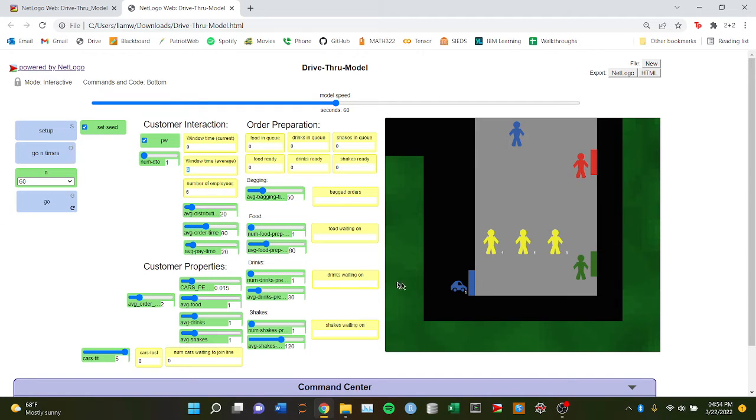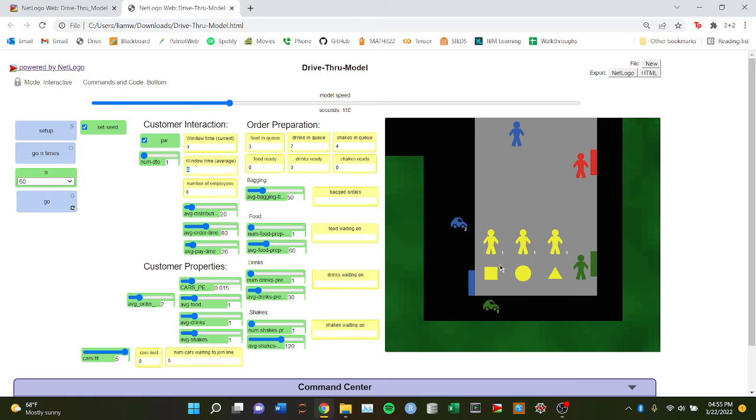Boom. You can see that they are ordering right now, and after a little while, their order will pop up. Let me slow this down just so nothing bad happens, and let the simulation go for a little bit. You can see that at right about 110 seconds, a little under 2 minutes, the car finally orders.